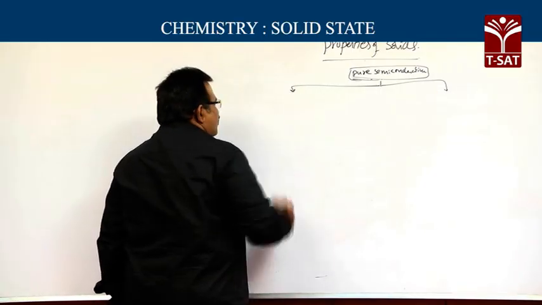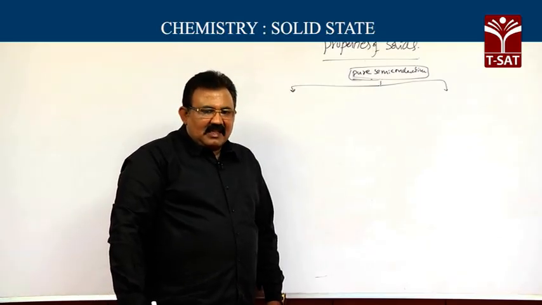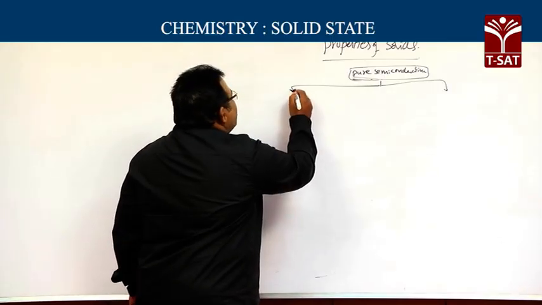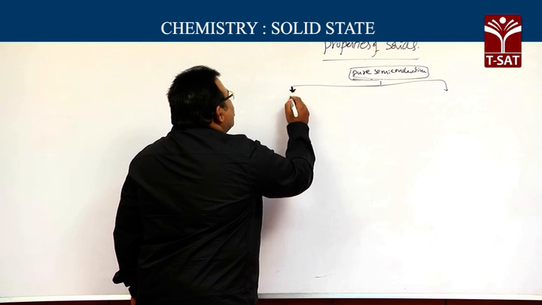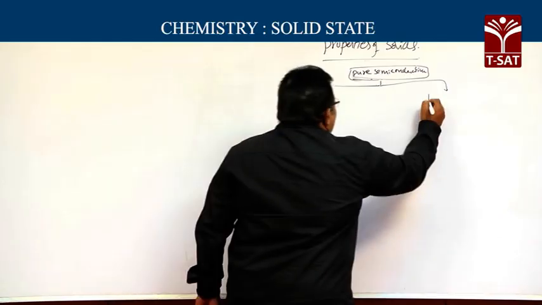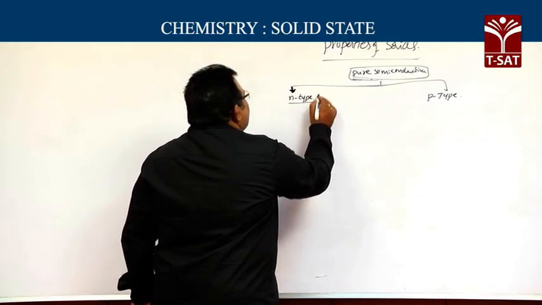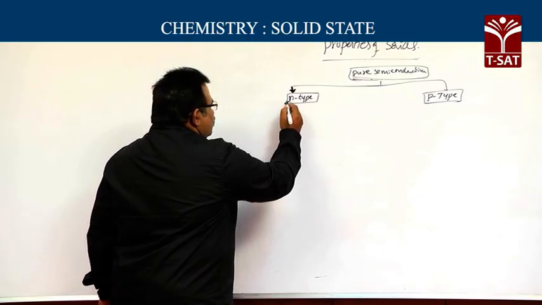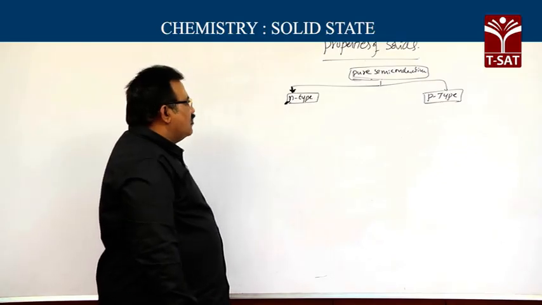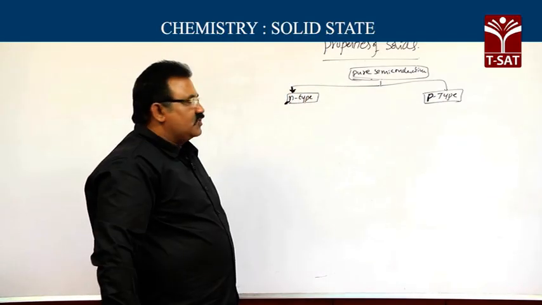Depending upon the type of impurity added, the semiconductors can be classified into N type and P type impurity semiconductors. N stands for conductance due to negative particles like electrons. P stands for the conductance through positive holes.